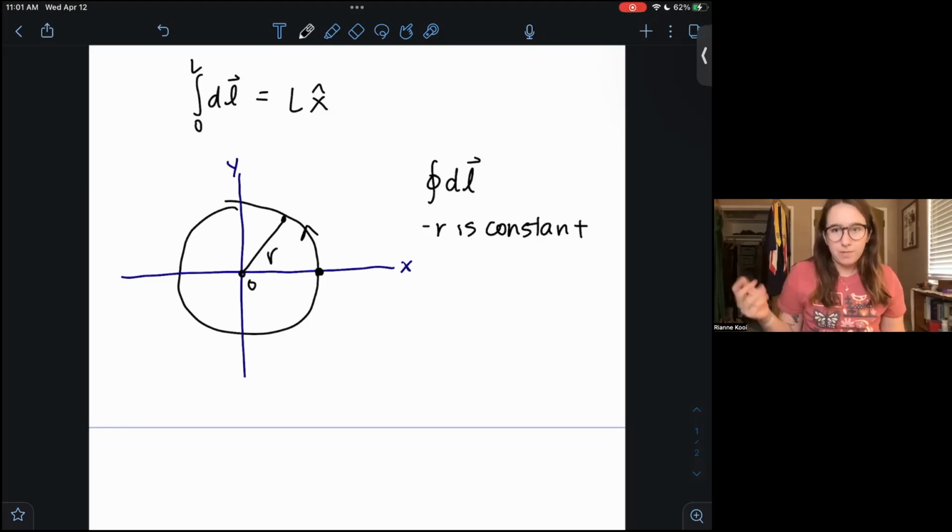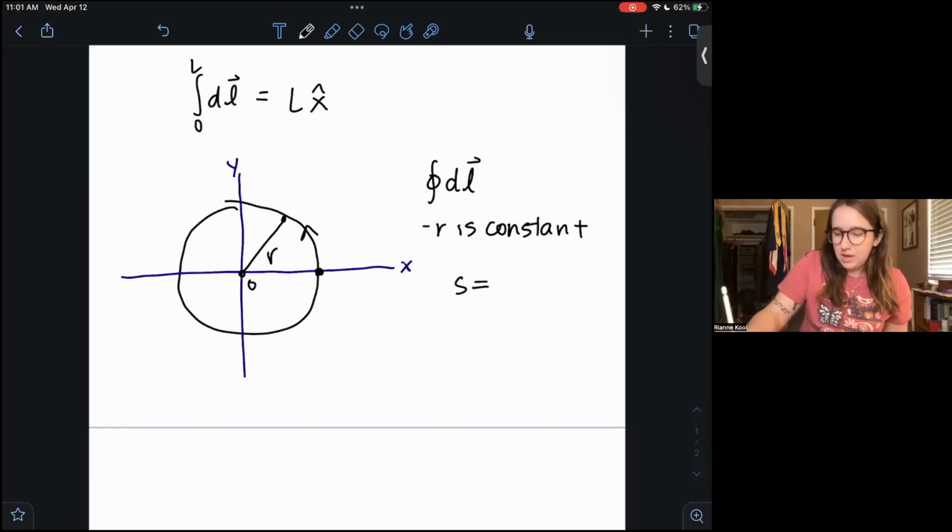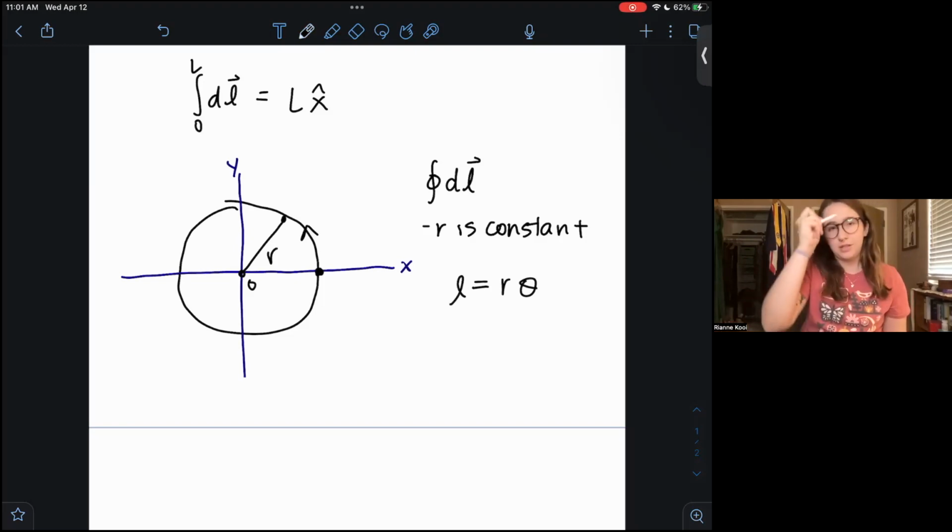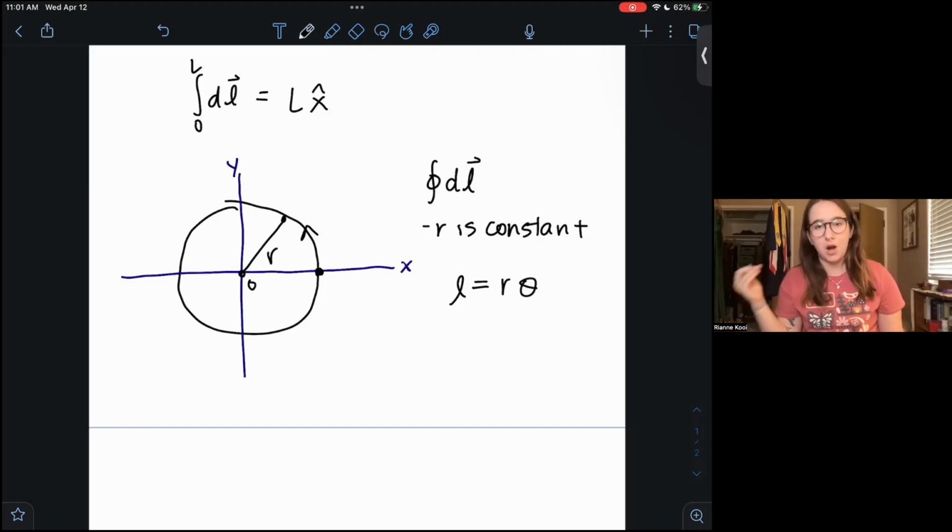If you remember, the arc length of a circle, we normally call it s, is r theta. I'm going to change this to L just so that we're not getting confused, but it means the same thing. So the arc length across a circle is defined as r theta.